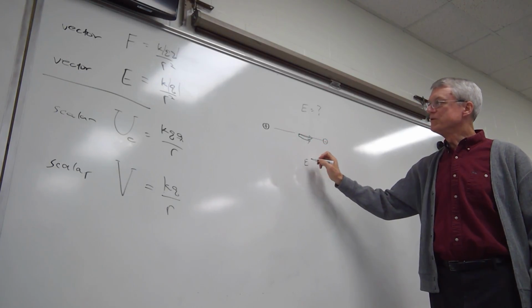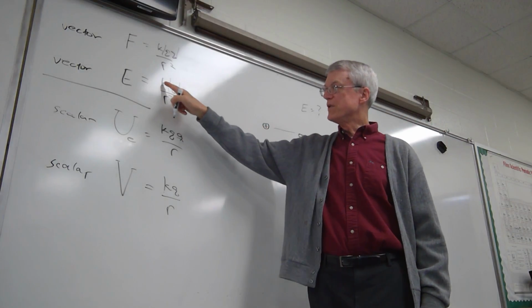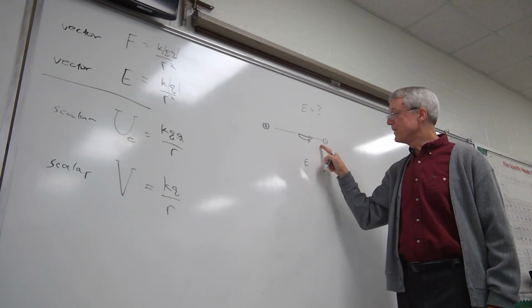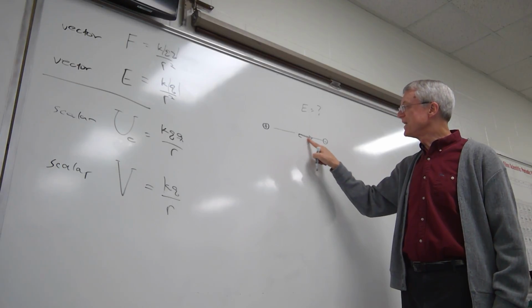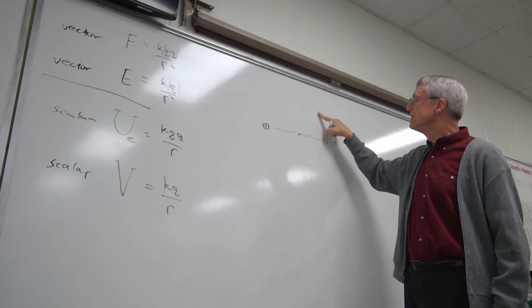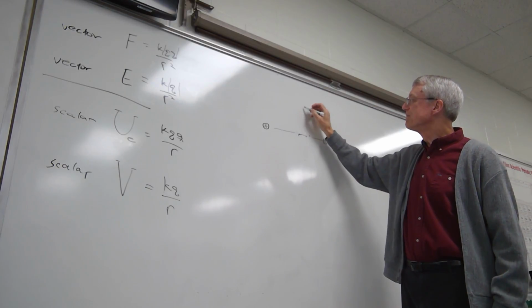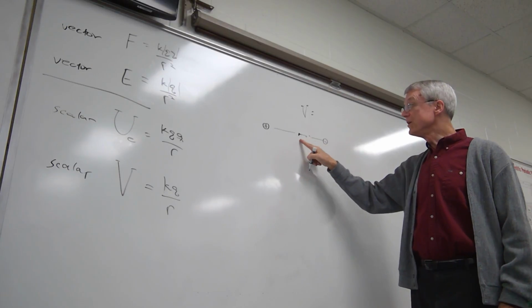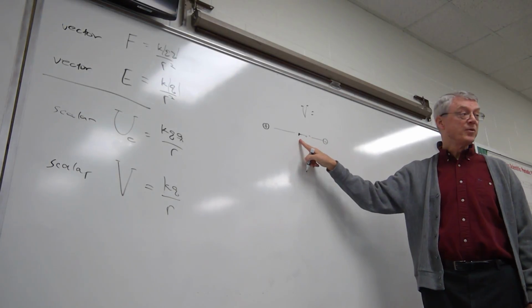And you'll use this twice. Once for that one and once for that one. Now that was in the last chapter. What I'm doing now that's different is I'm asking you about V. Is V 0 at the midpoint?